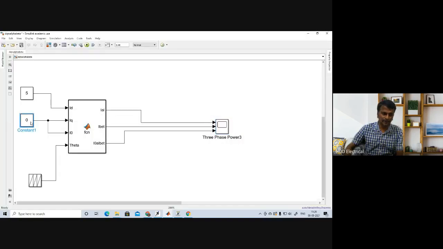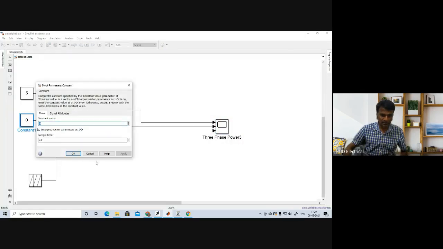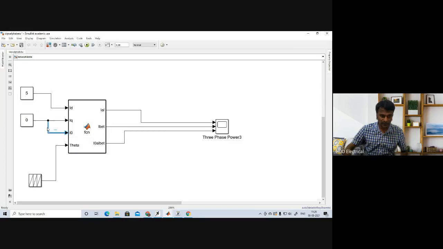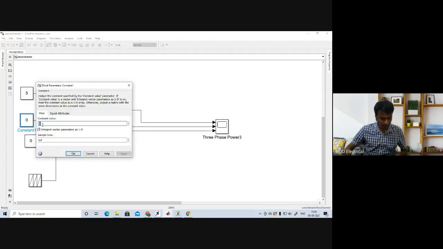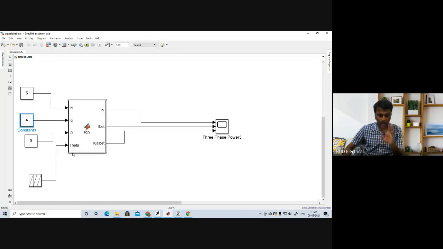This 0 is for I naught, which will always be 0. If we give IQ, then with respect to alpha, with D and Q we have the magnitude and phase angle. This is ID plus jIQ, a complex vector.